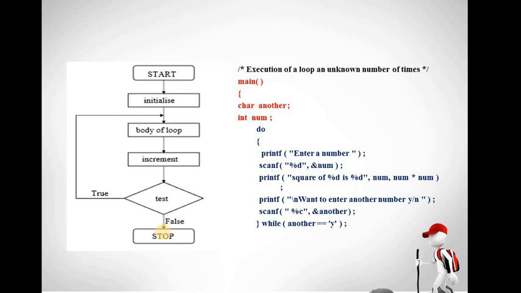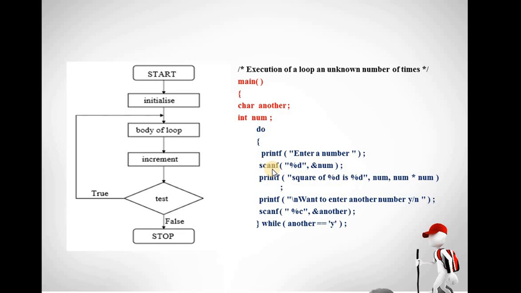Now over here you can see this is my while keyword. After that there are round parentheses, and inside this is my test expression. Whenever this condition is true, this loop is going to be executed. For example, if the user presses Y, that means Y equals Y, yes, the condition is true, so control again goes inside this do loop.